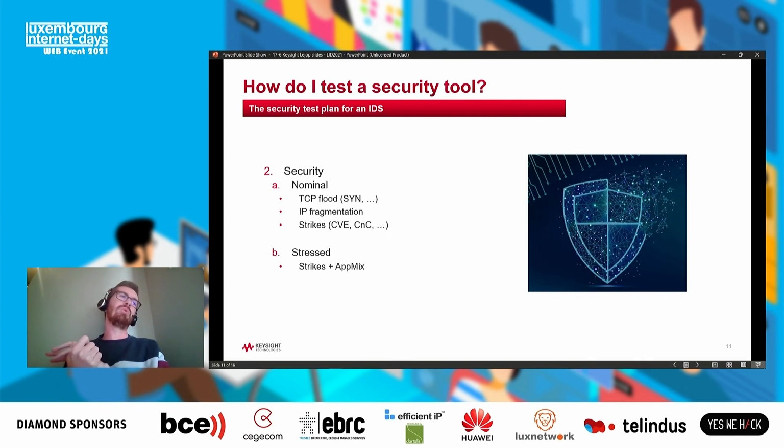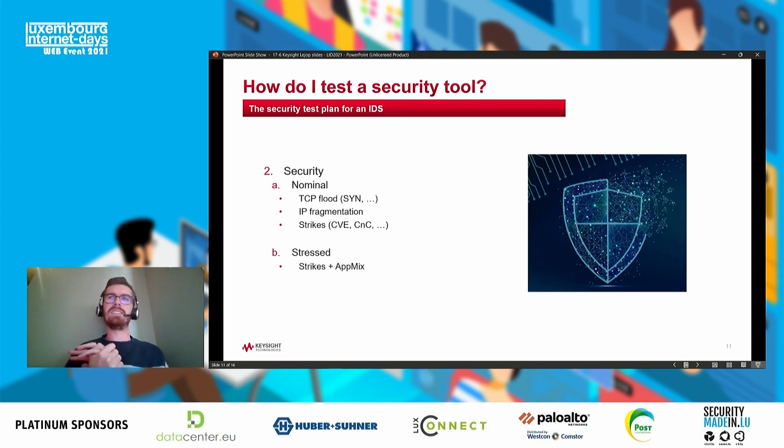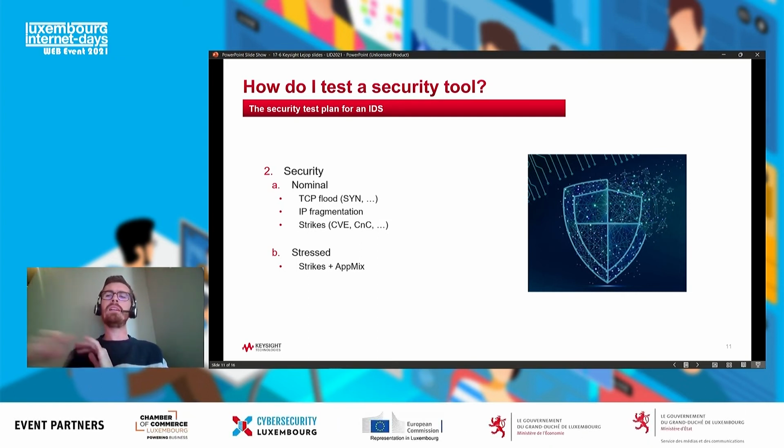And we expect, actually from experience, that it doesn't necessarily always react the same. Sometimes attacks pass through when there is stress. So that's basically what we need to verify.